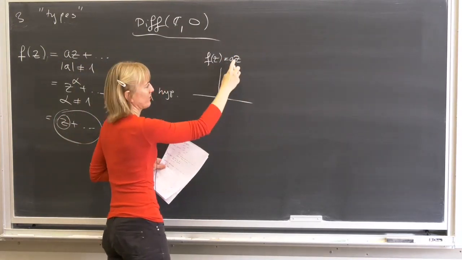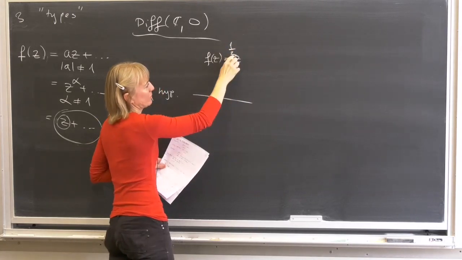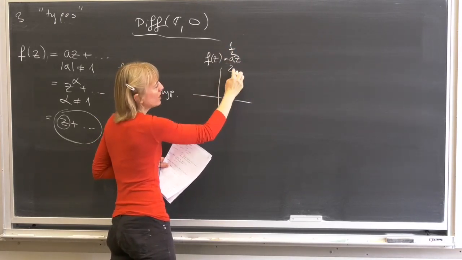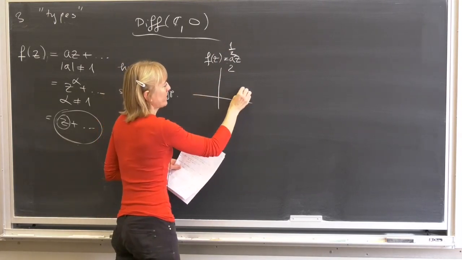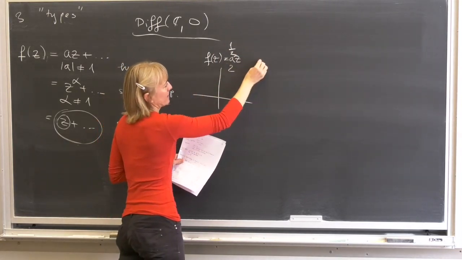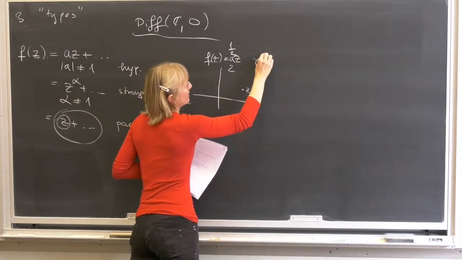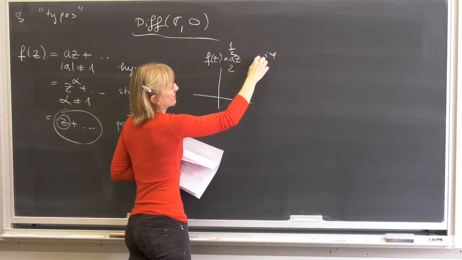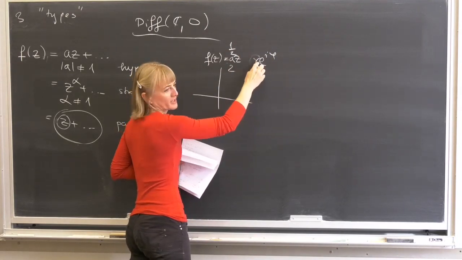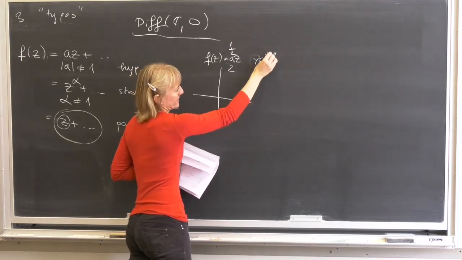What is the dynamics of it? If, for example, here is one half, if here is, for example, 2, we consider the inverse. What happens? We take one z. Z is now a complex number. We can put r e to the i theta. When we multiply this, we see that we just make r smaller, and the angle stays the same.